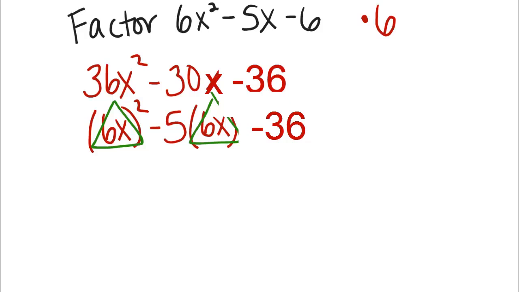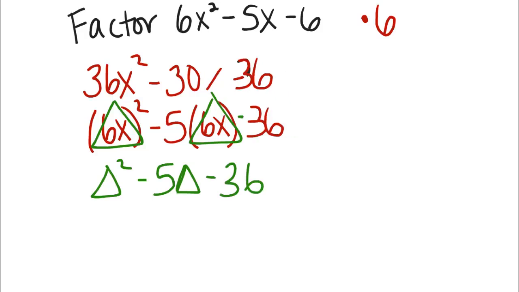Otherwise, this whole idea kind of falls apart. If this was a 6x and a 3x, then they're not the same. I can't replace it with a triangle. But now we have this structure, triangle squared minus 5 times triangle minus 36. So now two numbers that multiply to negative 36 and add to negative 5. Well, if you think about it for a little bit, you'll know that those two numbers are negative 9 and 4.